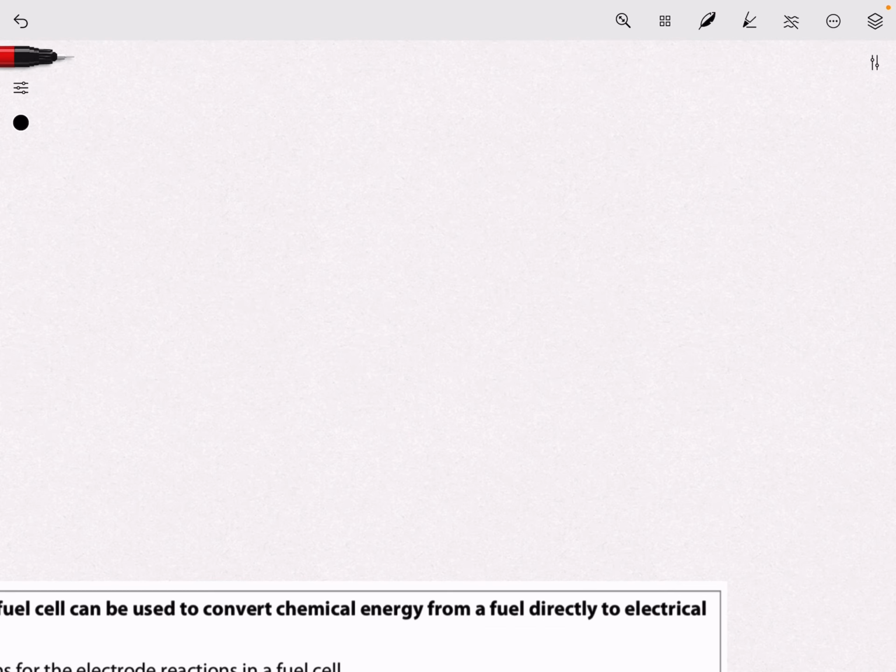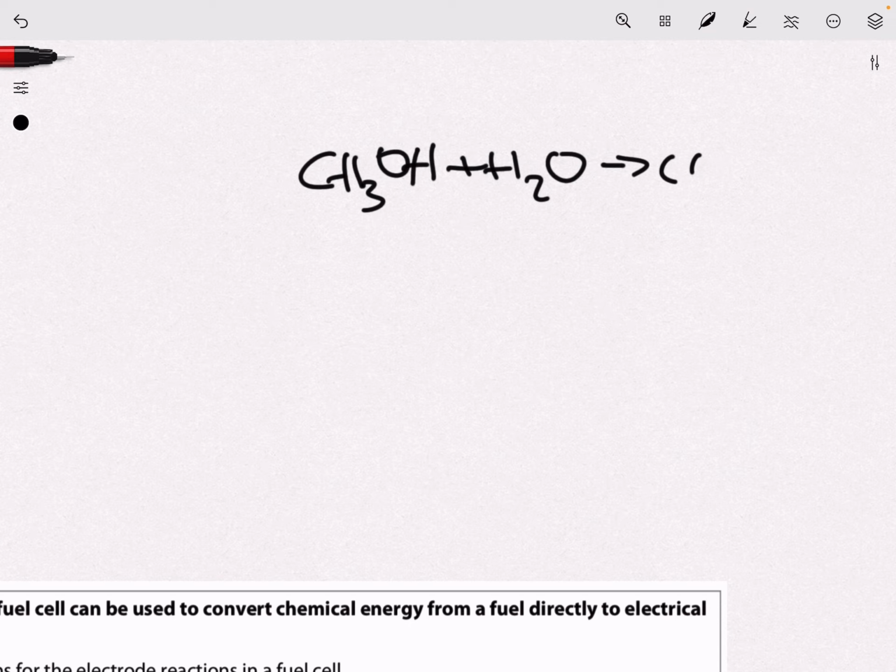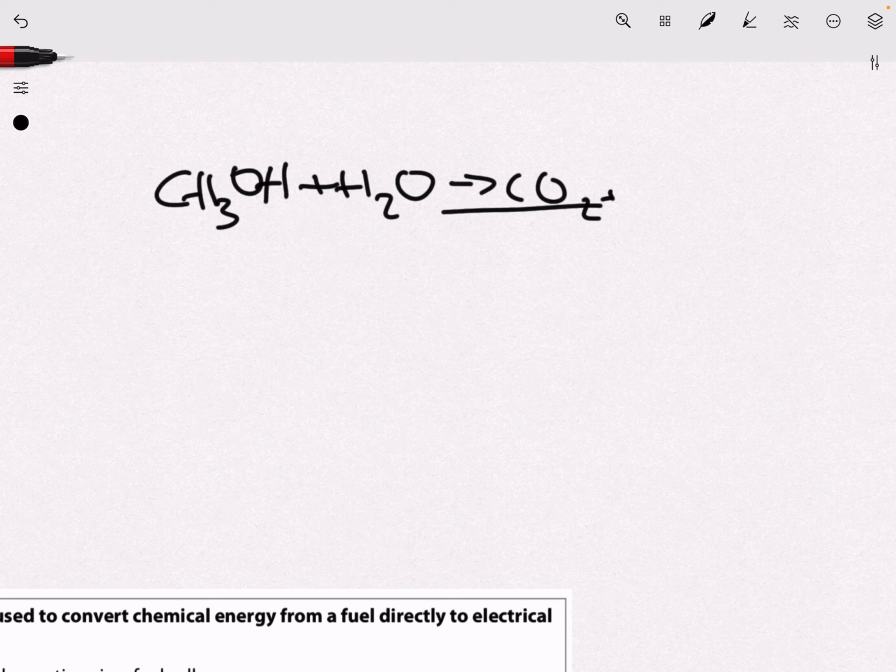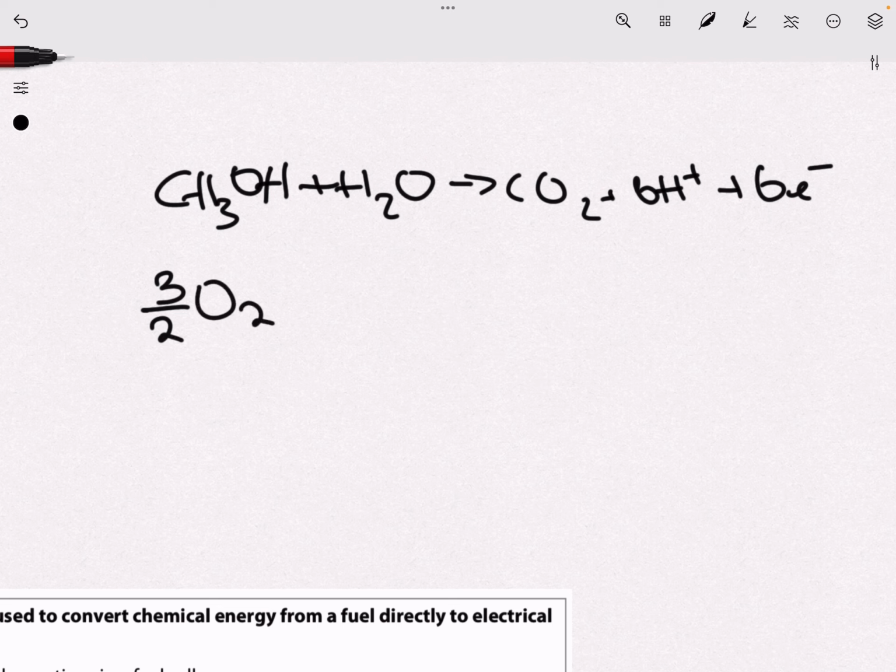Our methanol fuel cells, using an alcohol, we have CH3OH, that's your methanol, plus water to give you carbon dioxide, as we discussed earlier, plus 6 hydrogen ions and 6 electrons. To balance out this equation, we get a funky looking thing over there.